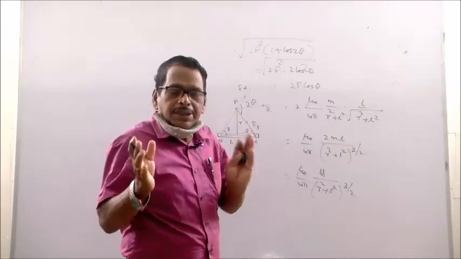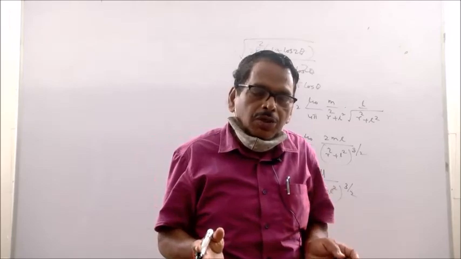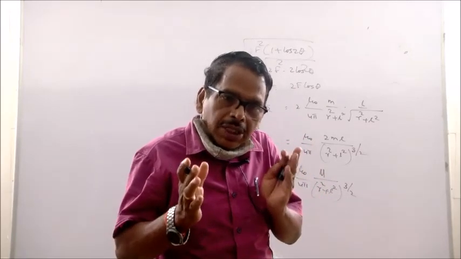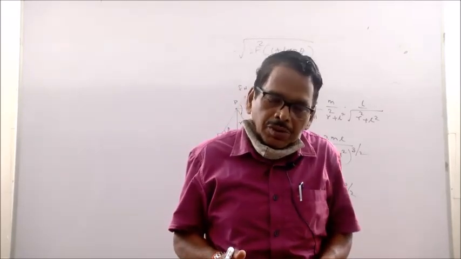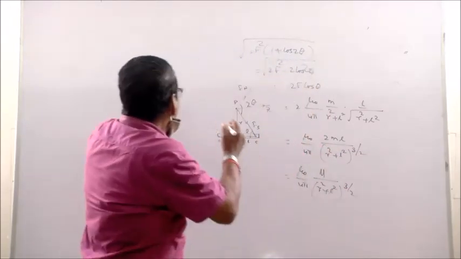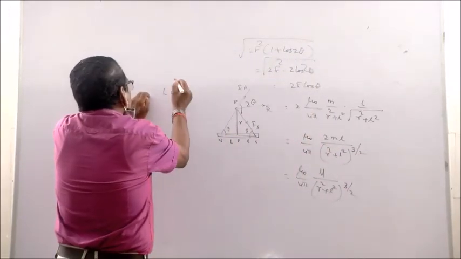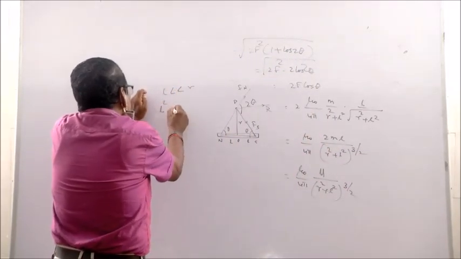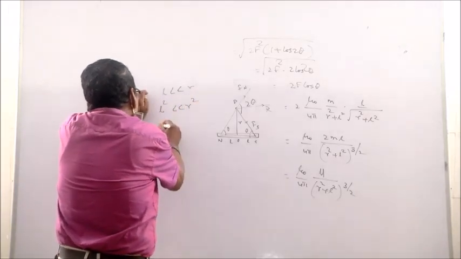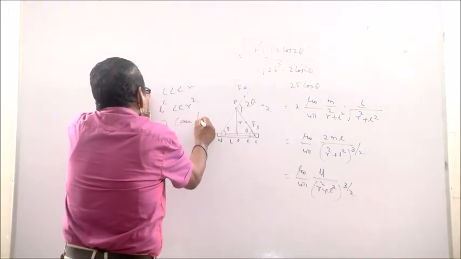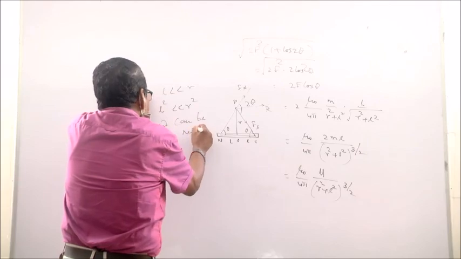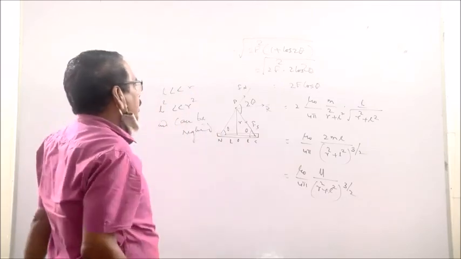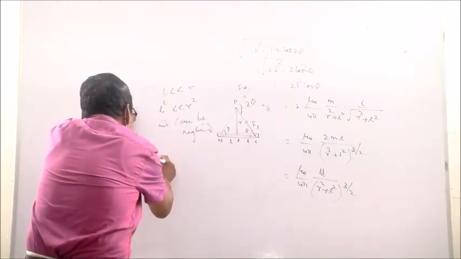Now there will be the same consideration. l is very small in comparison to r, so l square is very small in comparison to r square and can be neglected. So what will be your field intensity?